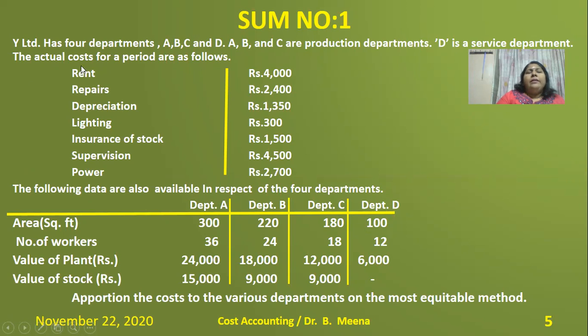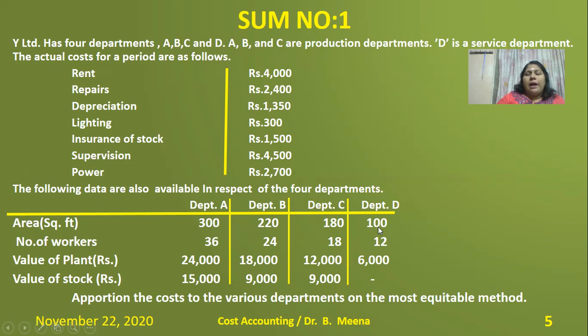So the rent of 4,000 is going to be distributed among A, B, C, and D on the basis of area in square feet, and the ratio after simplifying these amounts is 15 is to 11 is to 9 is to 5.